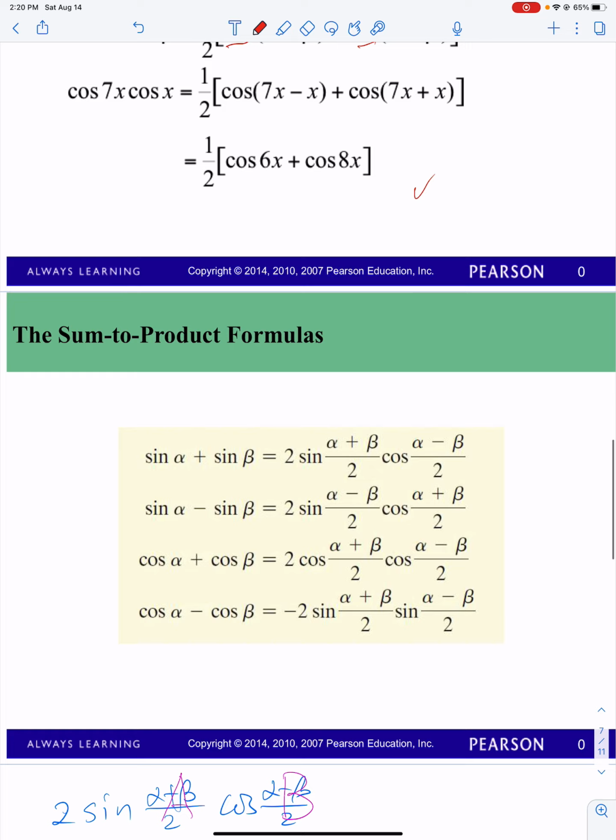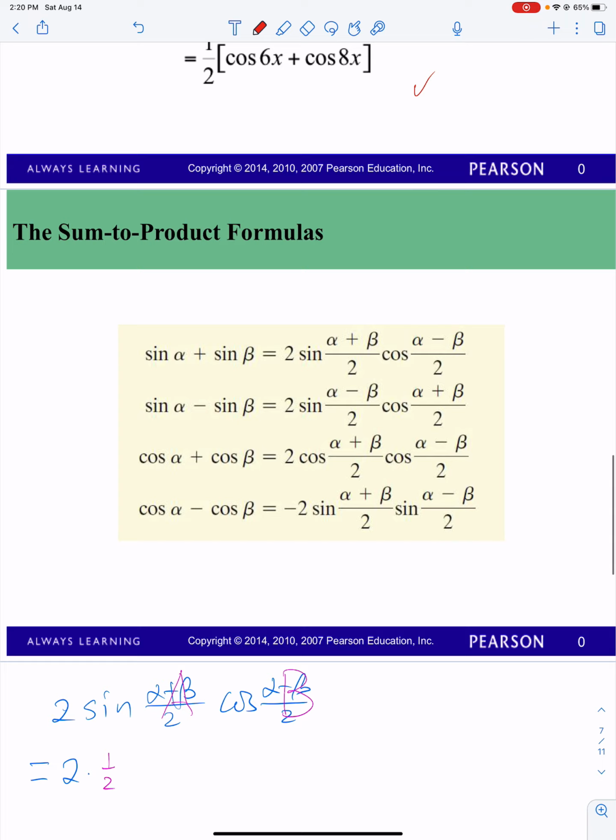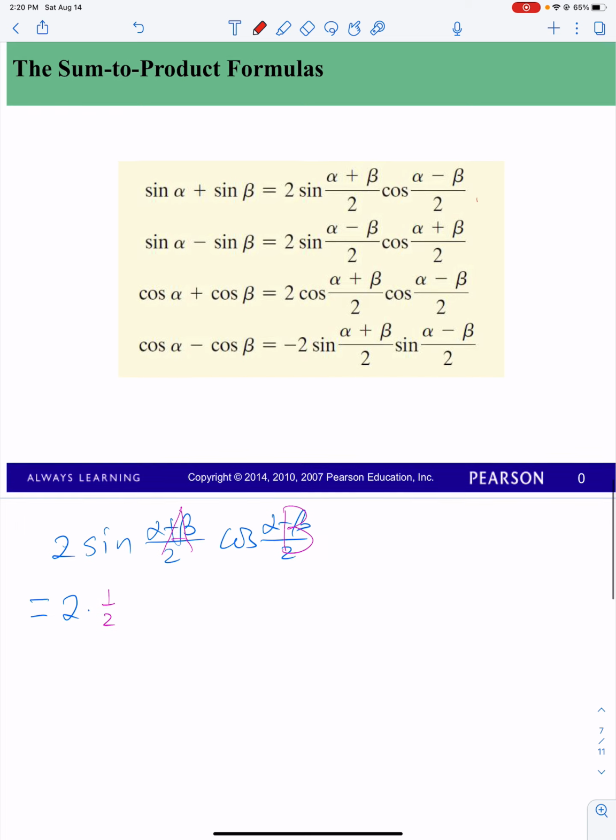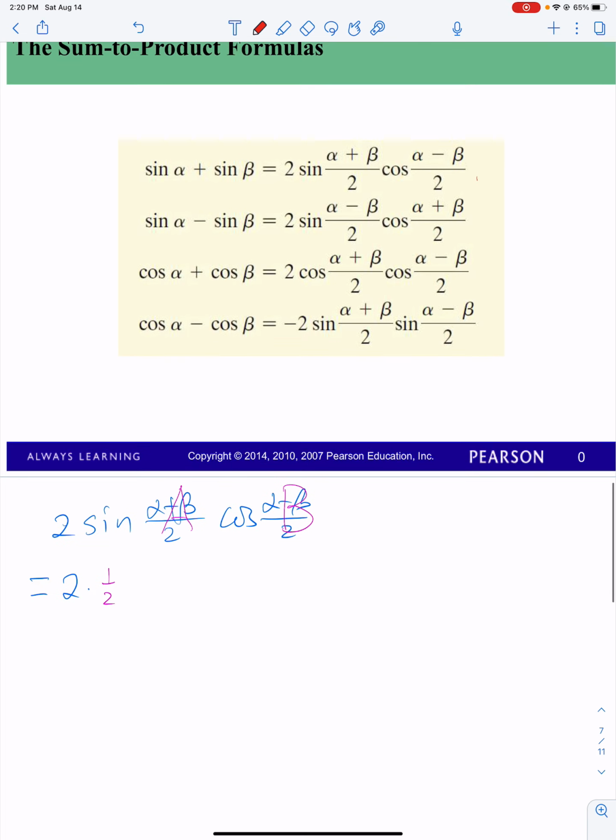Okay, so the sum to product formulas. Where do these come from? Actually, they come from the product to sum formulas. When you have sine alpha cosine beta, on the right side it looks ugly with A and B. So from the top formula, what do we remember?